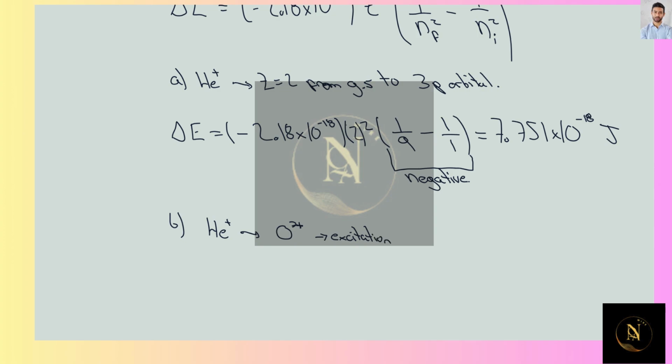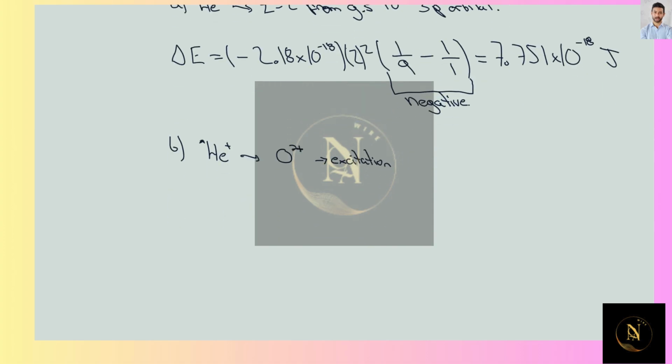So now the energy coming from the excited helium plus atom is going to transfer completely to the ground state oxygen 7 plus ion. So for us, we are given the change of energy that is going to be positive. It's going to be 7.75 times 10 to the minus 18 joules.